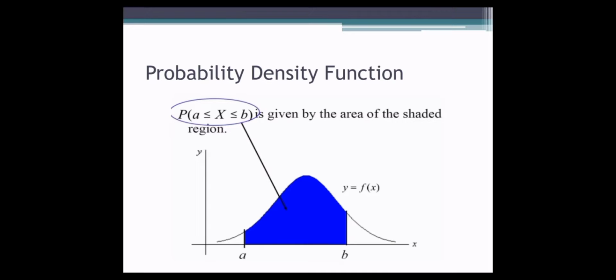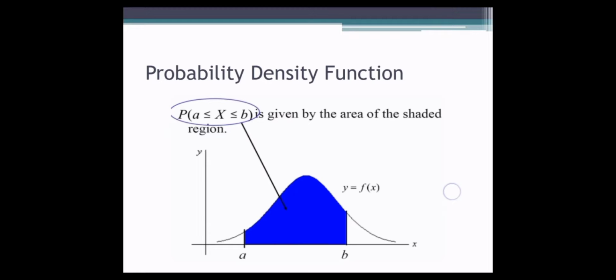So this probability density function has a graph. In the graph we can see A and B, and between A and B there is a shaded area of the region. This probability of a less than or equal to x less than or equal to b is the probability that x will be in the interval a and b at any instant in time.